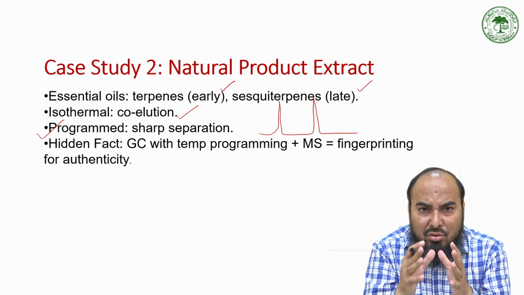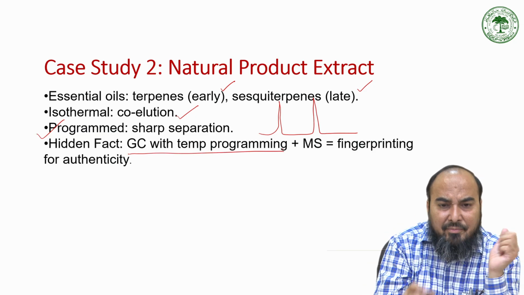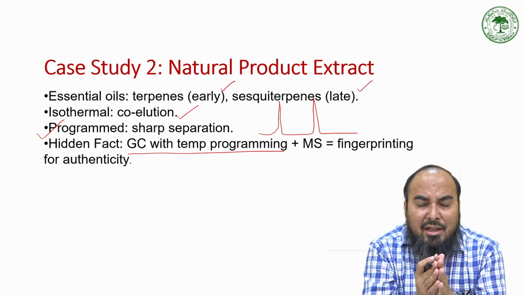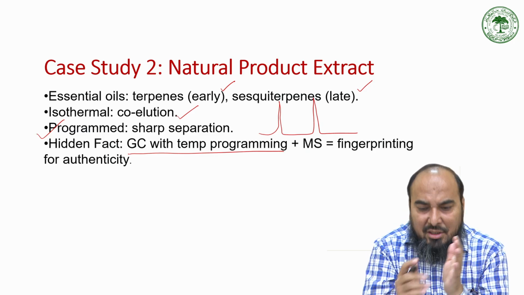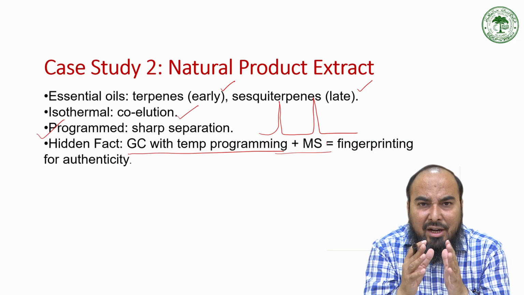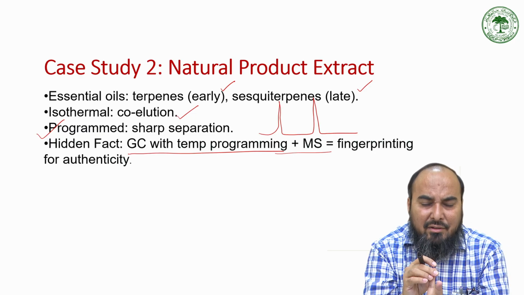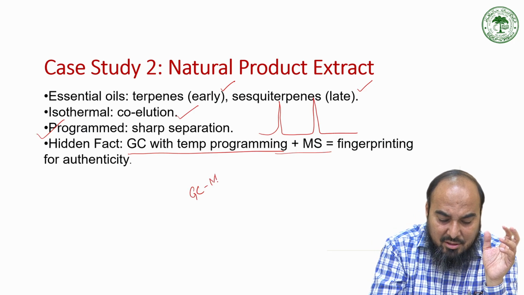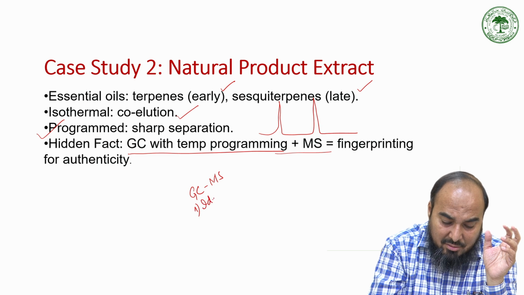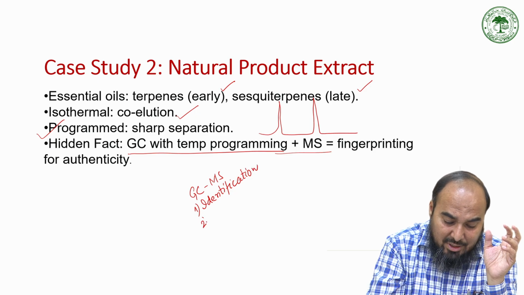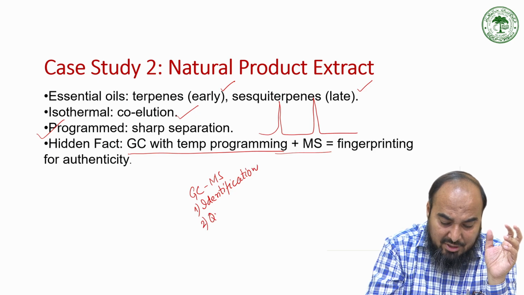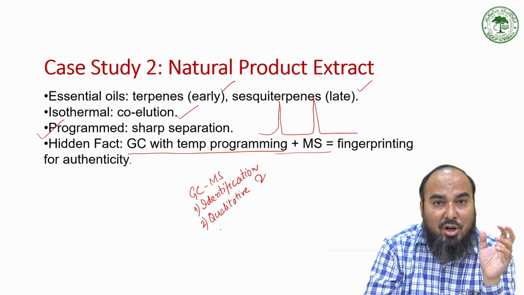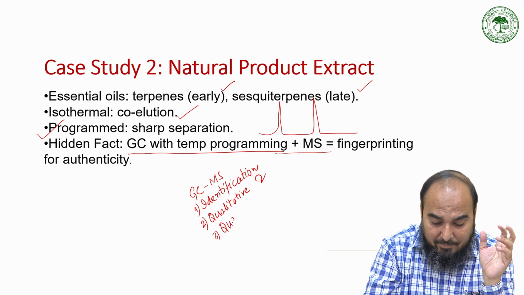So what you have to do is use the GC with temperature programming, and if your detector is a mass spectrometer, then you can do the fingerprinting. By coupling GC and MS, you get identification, you can do qualitative tests, and of course the most important one is you can quantify.